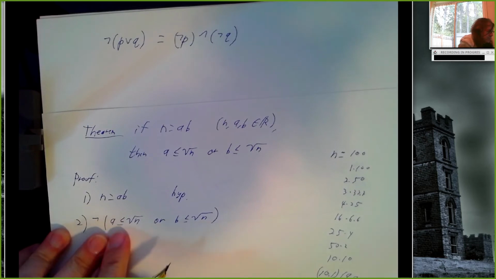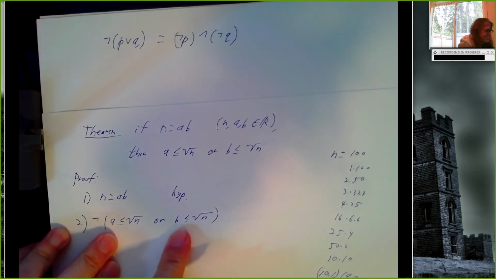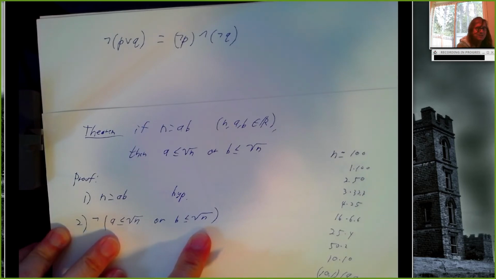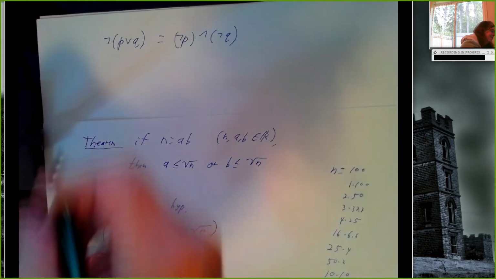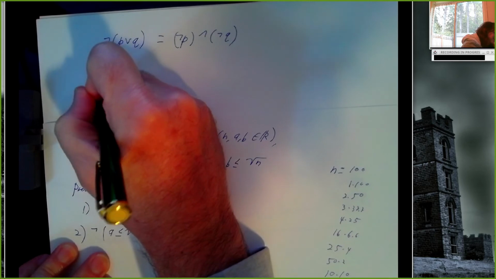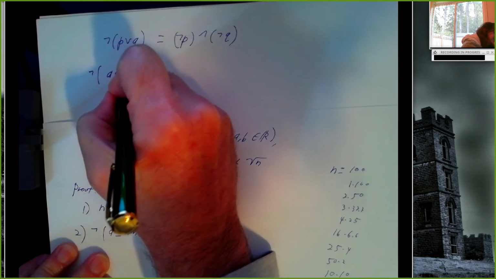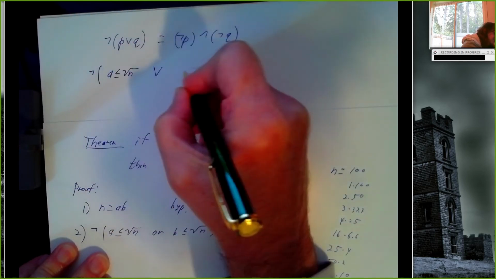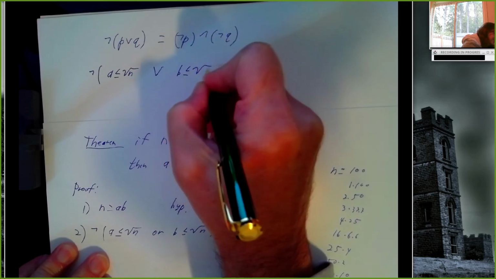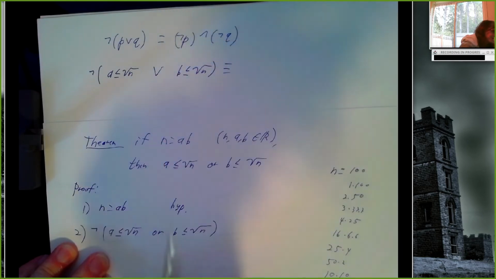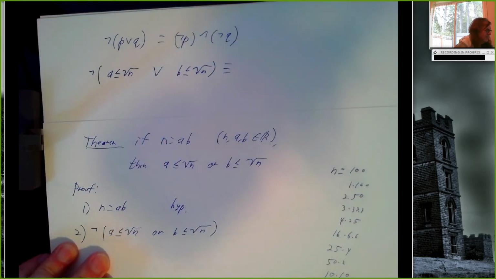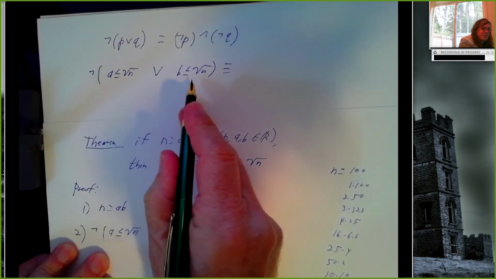So P is the proposition that a is less than or equal to square root of n. Q is the proposition that b is less than or equal to square root of n. So the negation of these two propositions should be identically the negation of this ANDed with the negation of that.